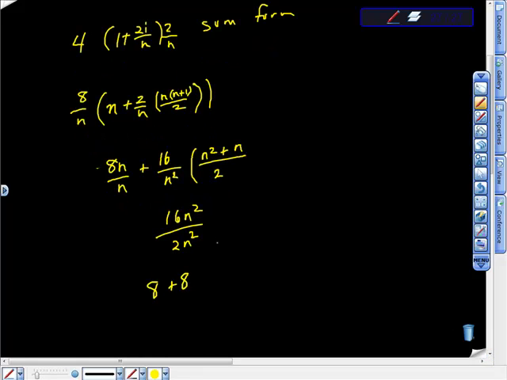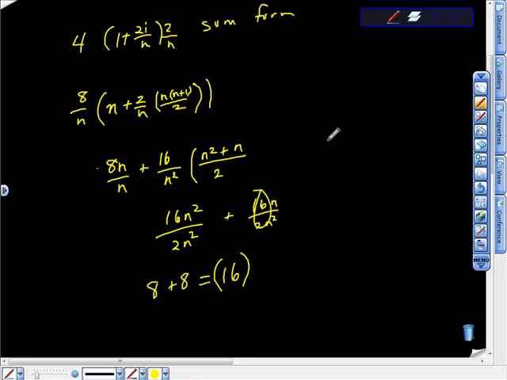Plus 8, right? Plus 16n over 2n squared, which is 0. So this gives us 16.